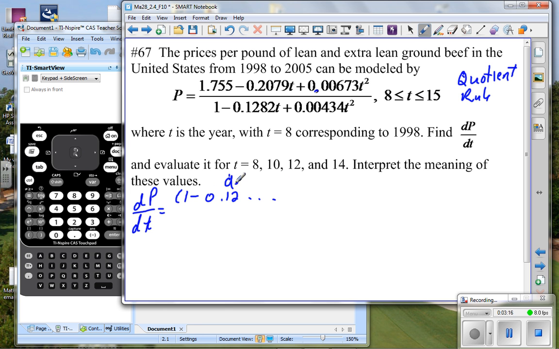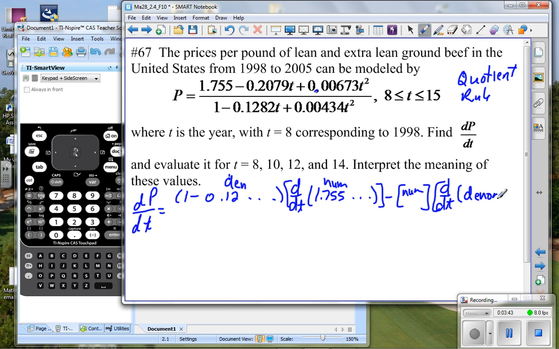This is my denominator, times the derivative with respect to T of our numerator, minus our numerator times the derivative with respect to T of our denominator, all of that divided by the square of our denominator.